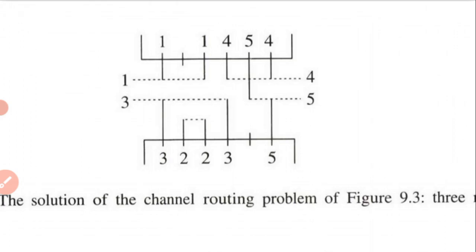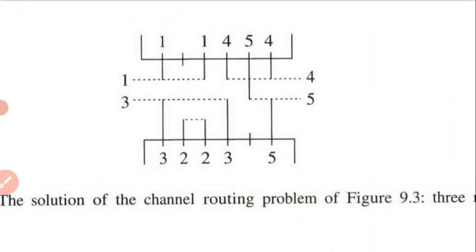We know there are two layers. In one layer we place vertical segments, denoted by solid lines, and the horizontal connections are represented as dashed lines on the next layer. There are many variations possible here. Routers have been designed for working without a grid, so gridless routing is possible.